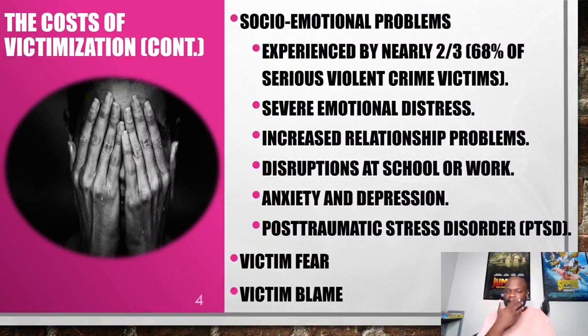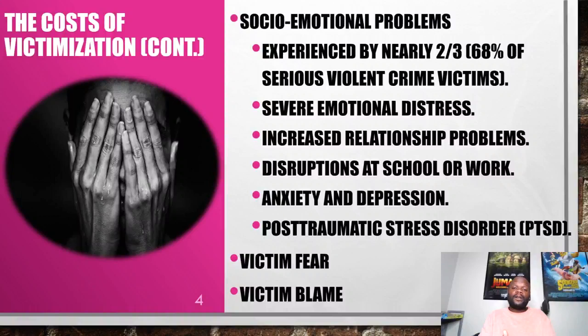Within feeling a level of stress or anxiety or issues with relationships, two things tend to happen. One, we as a society sometimes will blame the victim, and in other instances, we have to worry about the fear that the victim is going to have, even in everyday, normal life occurrences. Going to the store, a person should never be fearful about driving to the store.